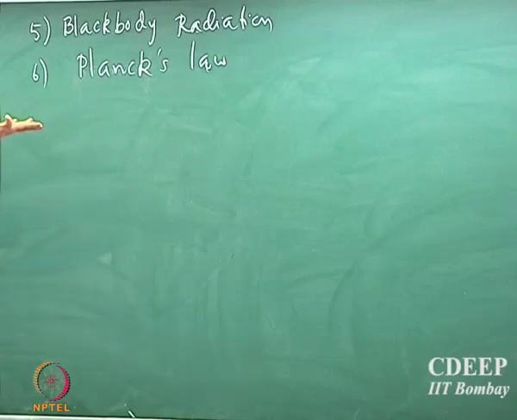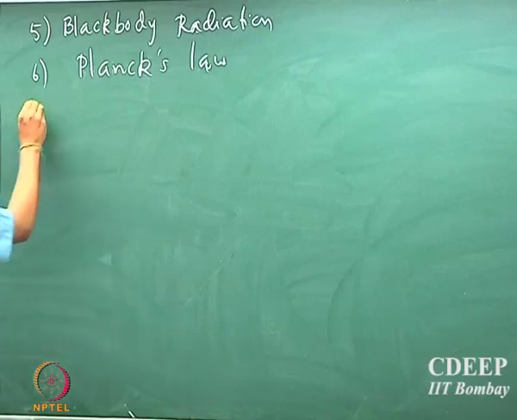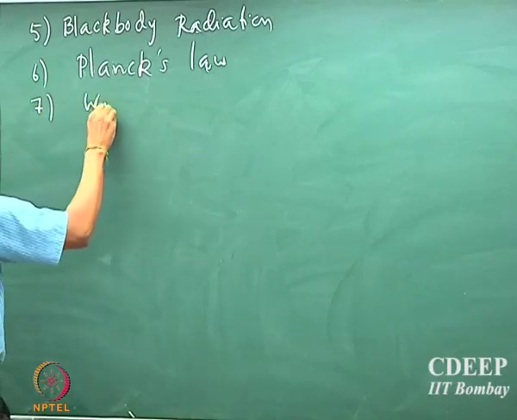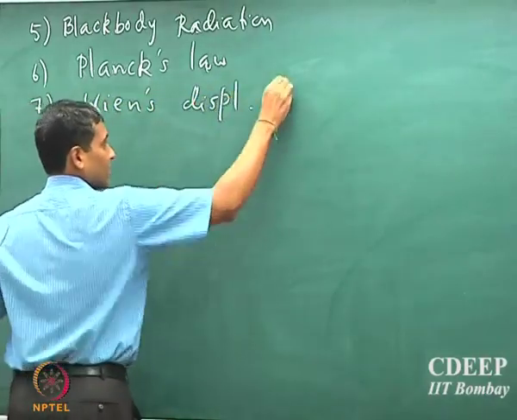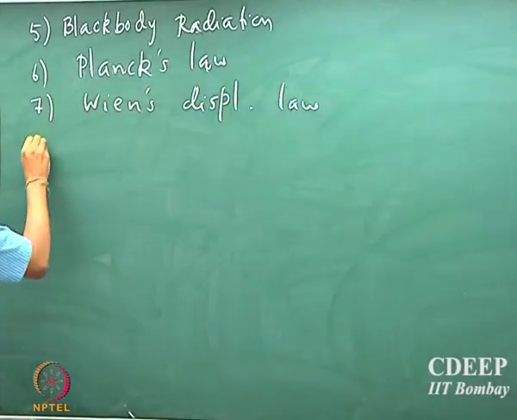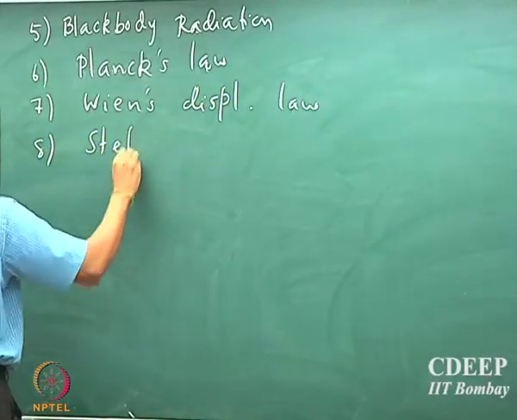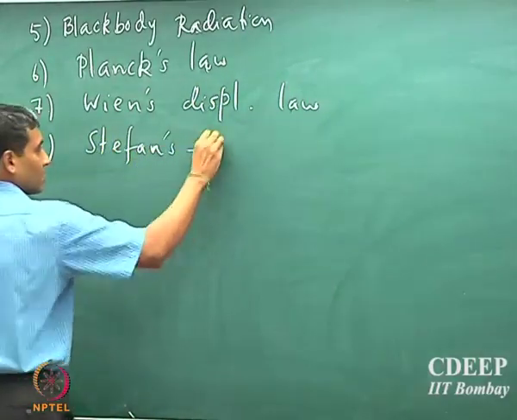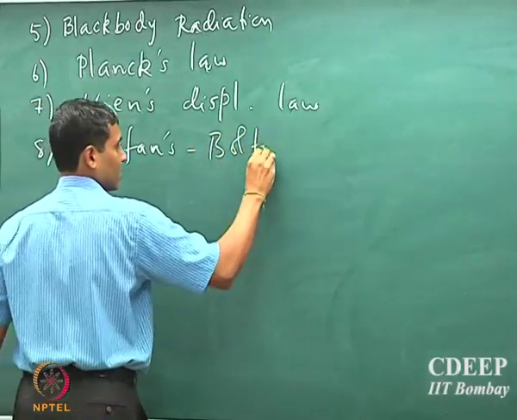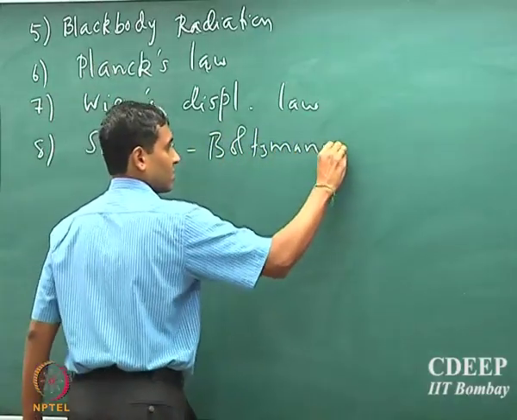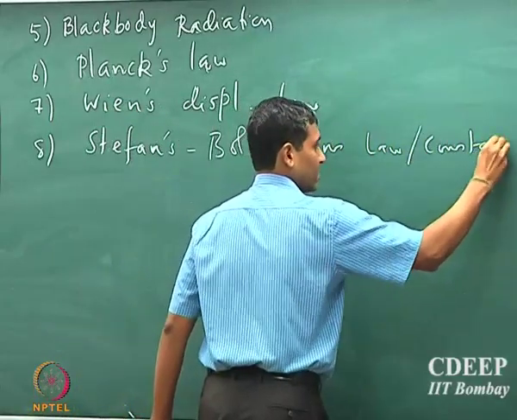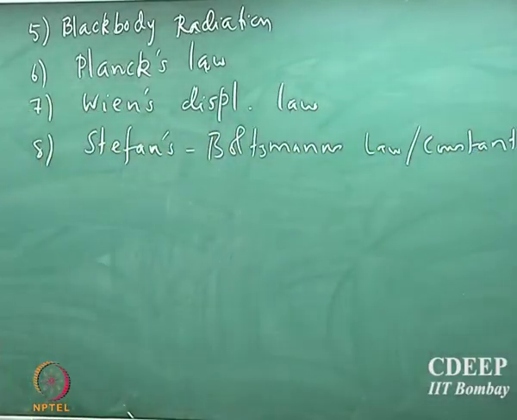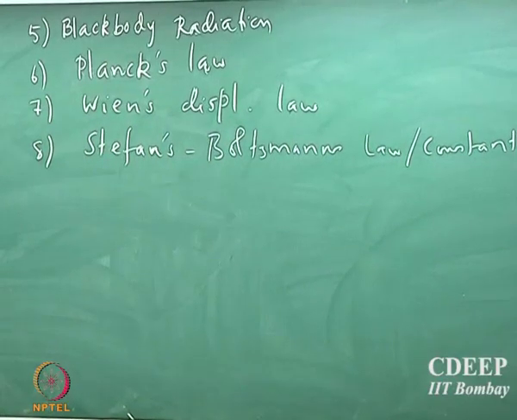Planck's law is the fundamental law which describes radiation, and from that we found the Stefan-Wien displacement law, and we also found the Stefan-Boltzmann law and constant, for describing radiation properties. That's what we found.